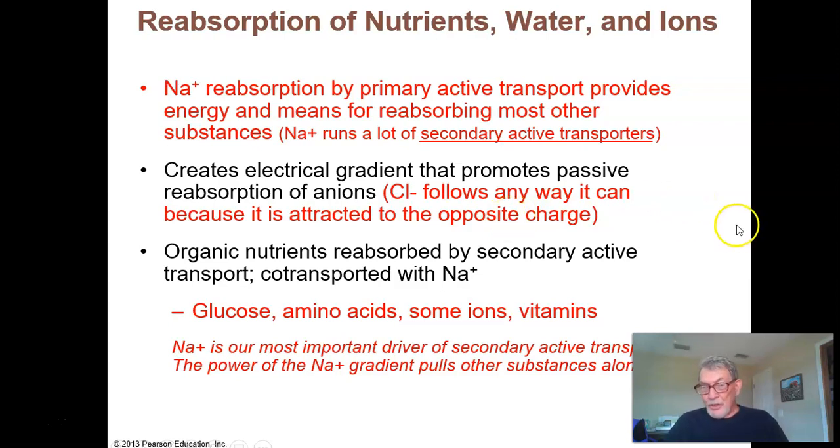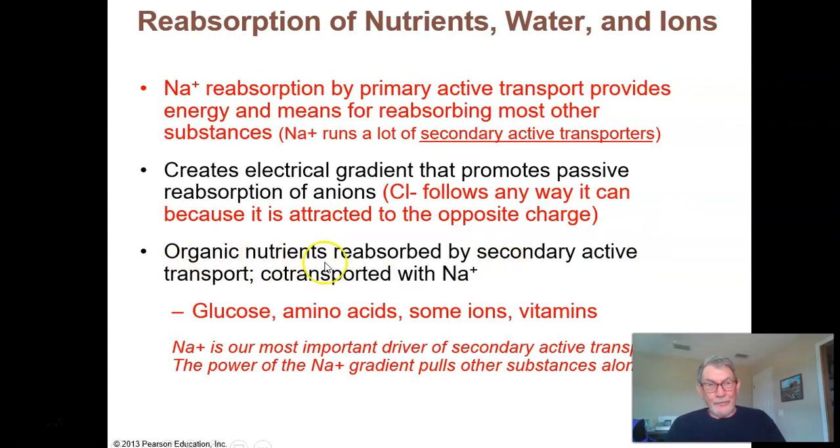Not too much, because you don't want to OD on it, but a pretty significant amount of sodium and chloride wind up being reabsorbed. Now water, if there are holes to let it move, will be pulled by osmosis because sodium and chloride have osmotic power and will pull the water.